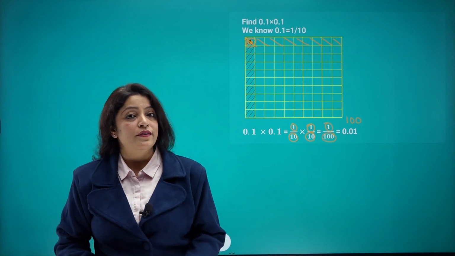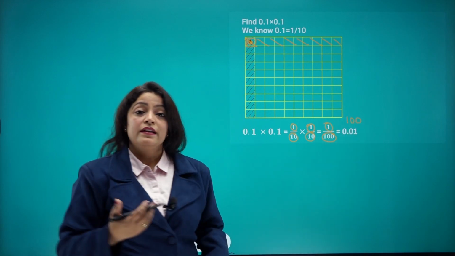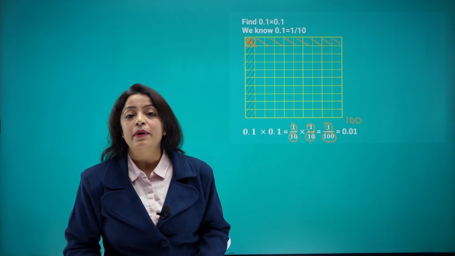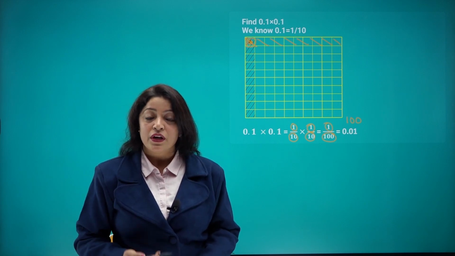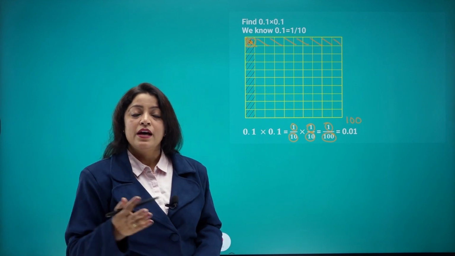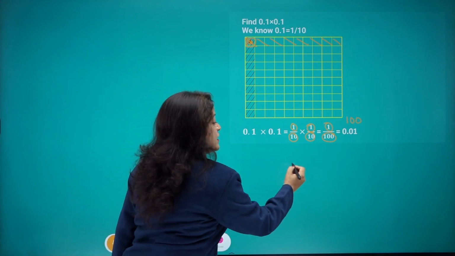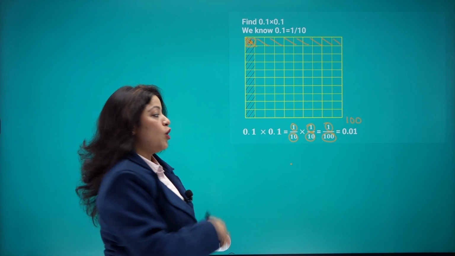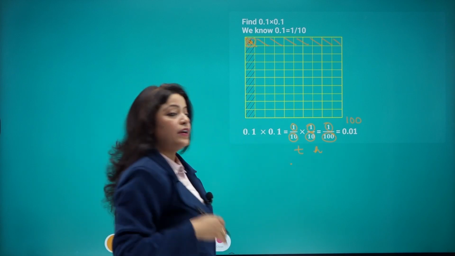So 1 over 100 will be simply 0.01. That means here we are dividing by 100. And you know, when we divide by 100, the number becomes smaller, right? It becomes 100th times. And you can relate it with the place value chart as well. We know if it is a decimal, then on the right side we have the 10th place, and on the next right we have the 100th place.